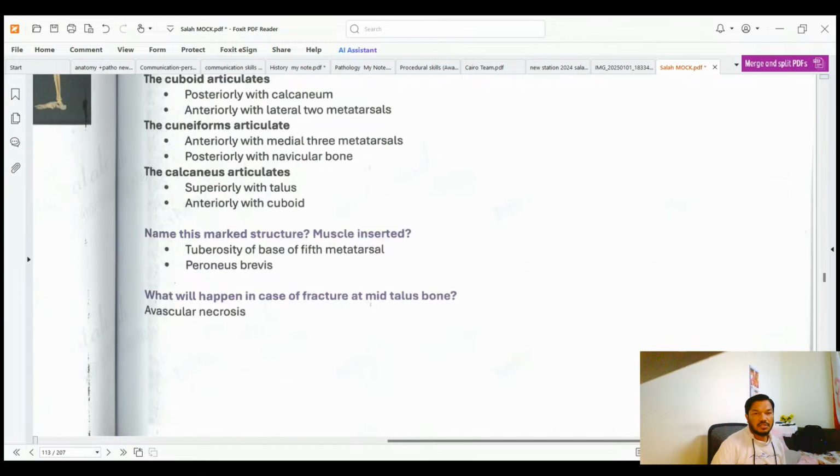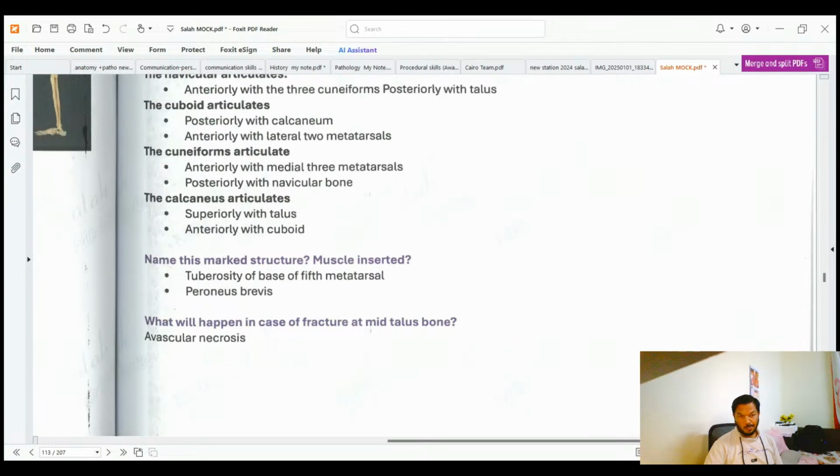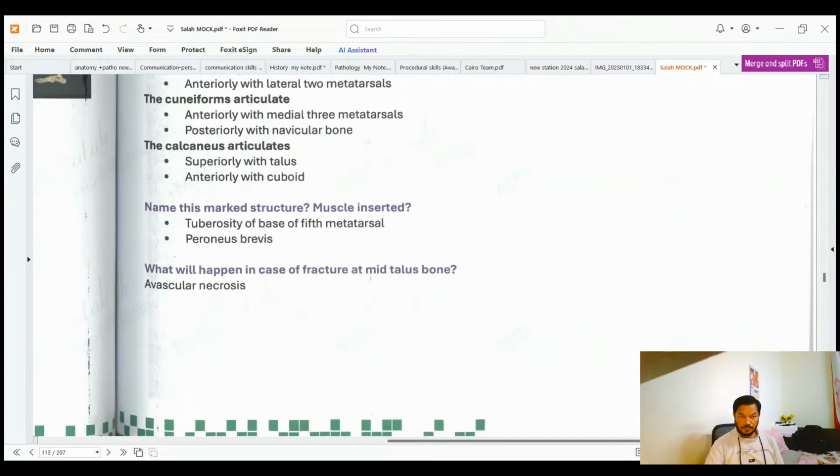Name this marked structure and the muscle inserted. Tuberosity of the base of the fifth metatarsal; the muscle is peroneus brevis.